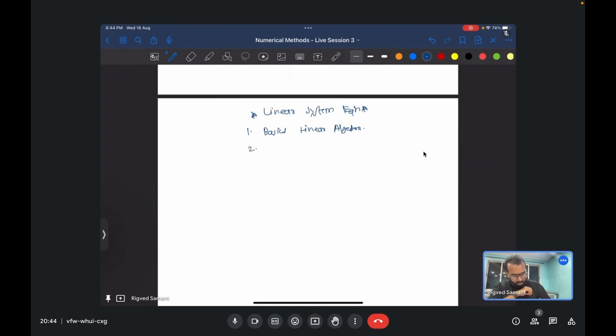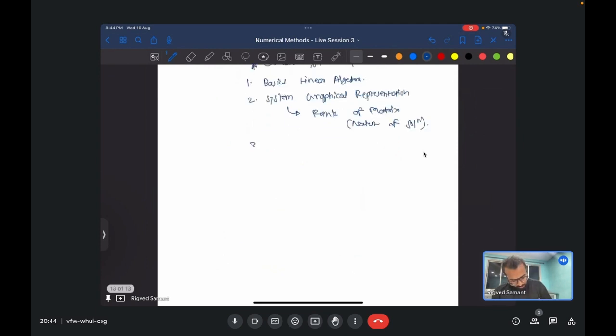Then we saw graphical representation of systems, and then we discussed the rank of a matrix and how it gives you the nature of the solution. Then we saw some direct methods for solution.